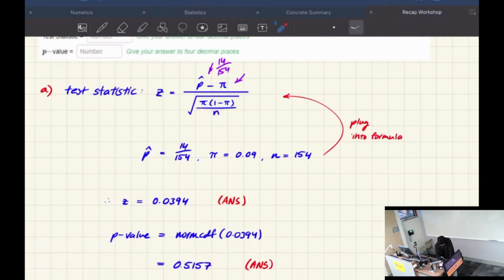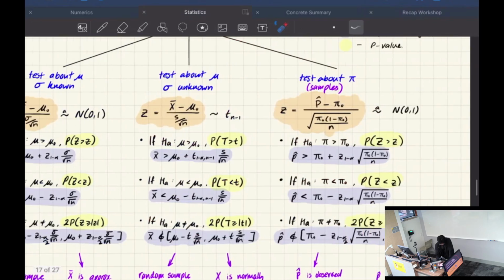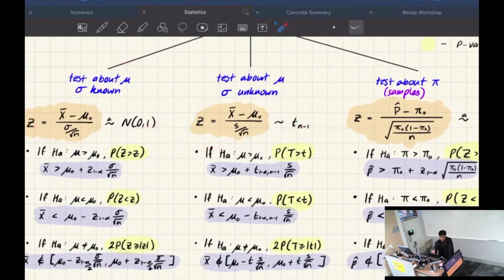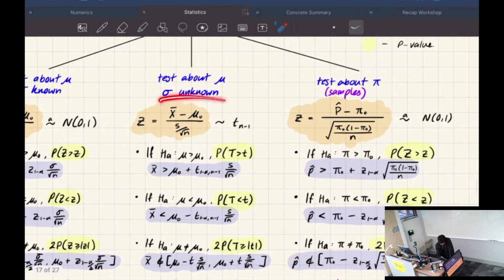Okay, now to find the p-value, which is one thing to note, however, these test statistics, they follow different distributions. So if we know what standard deviation is, it follows the normal distribution. If we don't know it, it follows the t distribution with n-1 degrees of freedom, right?